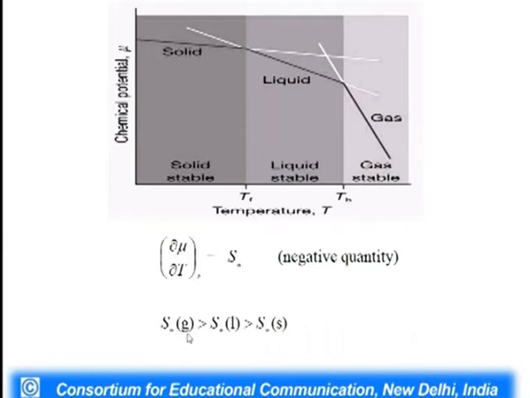So, the steepest fall in chemical potential will happen for gas, then for liquid, and finally for solid.